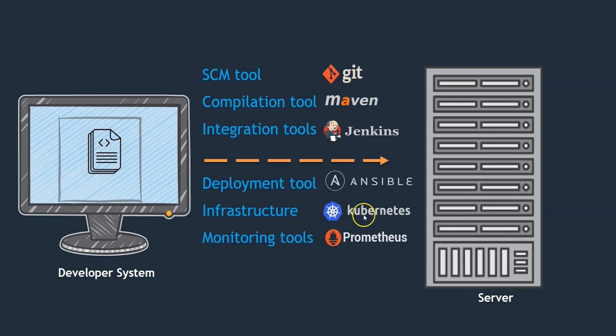I just kept Kubernetes. Then monitoring, Prometheus. This is how we can choose tools. And I have chosen these tools depending upon the market share, because most of the industries are using these tools. That's why I have chosen them. So it will add benefit for you if you learn these tools.